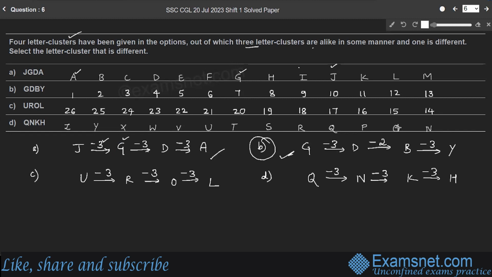A simple logic here. Cluster B doesn't follow the same logic. Option B is the right answer.